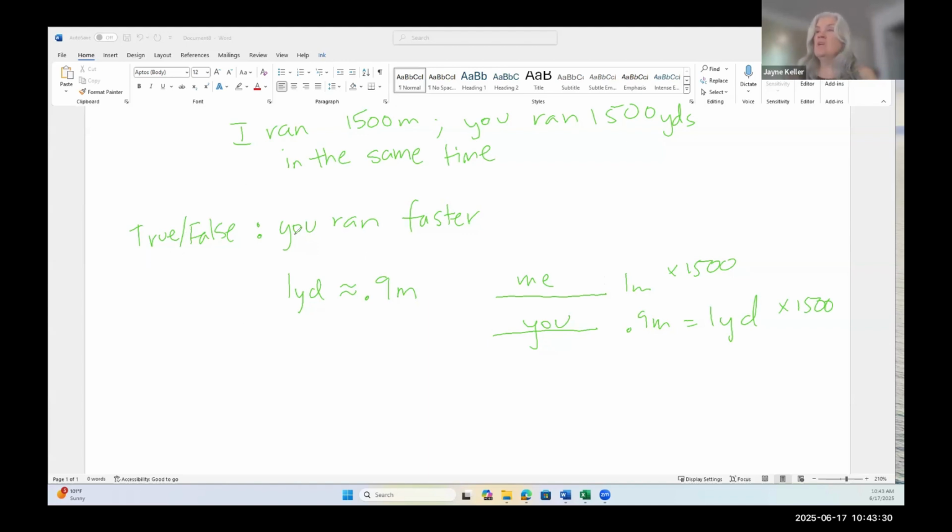So for a question like that, just break it down step by step. What's the difference between a meter and a yard? And then the difference between a meter and a yard times 1,500, right? Since the number is the same there.